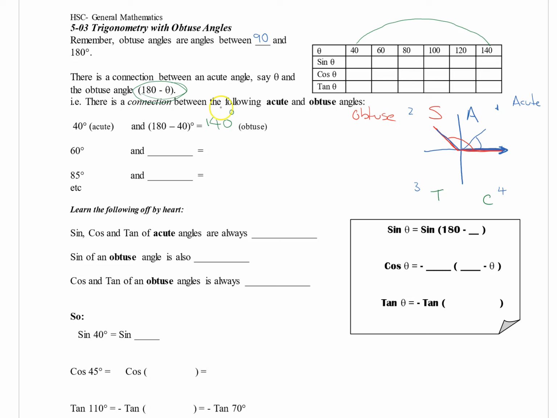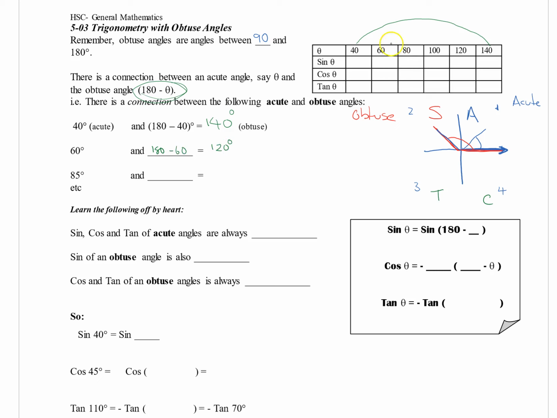And you can hopefully now see the reason why I've chosen those two numbers for the table, because there's this connection between the acute theta and 180 minus that. 60 is another acute angle, and its partnering obtuse angle would be 180 minus 60, which is 120 degrees.